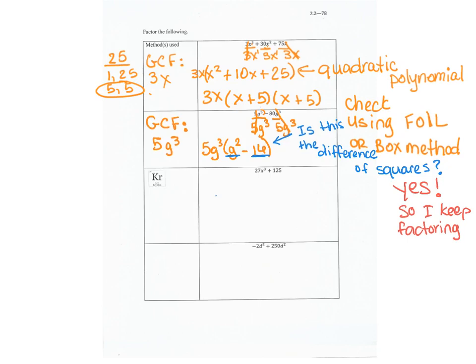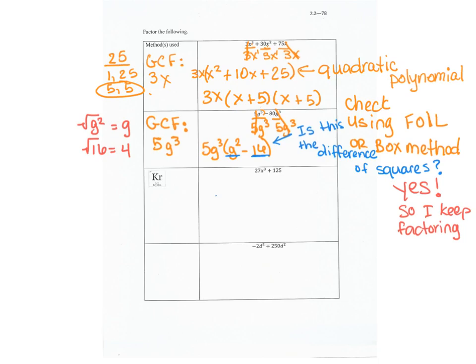So I come back and I come over to the side. The square root of g squared is g. G times g is g squared. The square root of 16 is 4. So if you remember from the page before in our notes, g squared minus 16 is a binomial. It's got a subtraction sign and it's got 2 perfect squares.